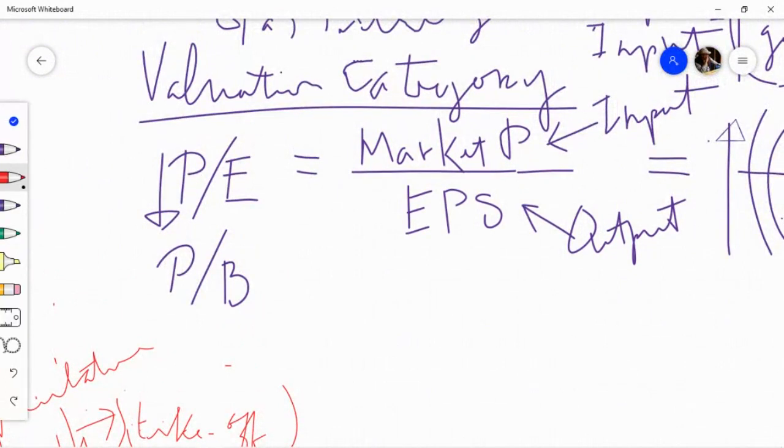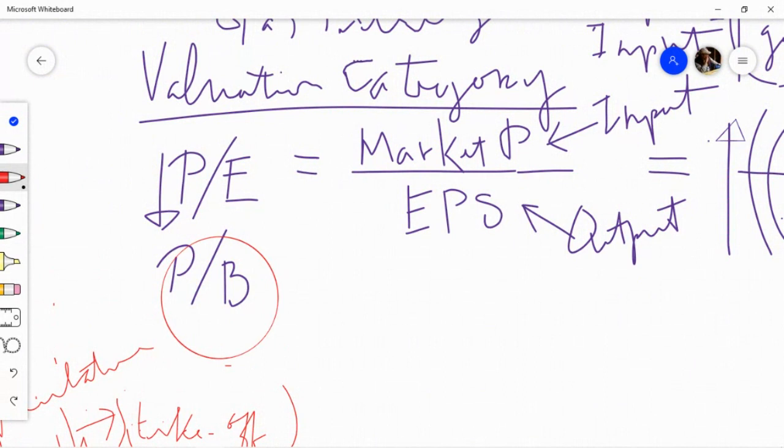Now you all understand there is a difference, I've been telling you over and over, there are three types of prices. One is market price. The other one is book value, rather called book value per share. The symbol P always means market price. Book value means book value per share.